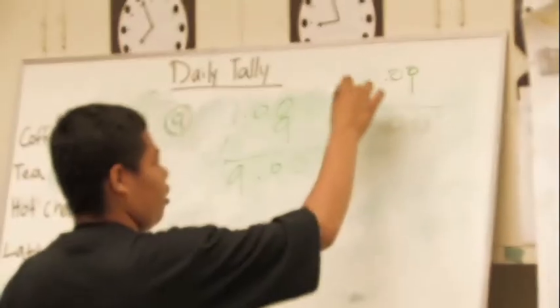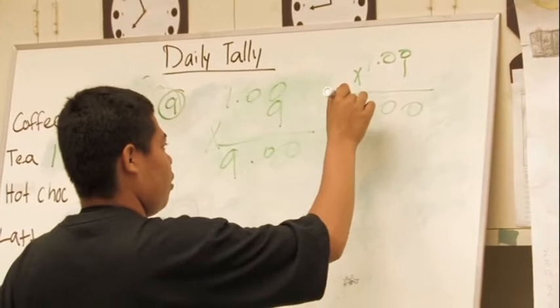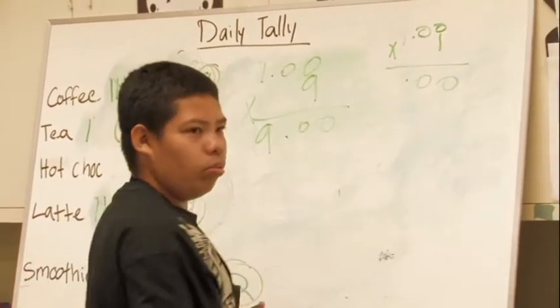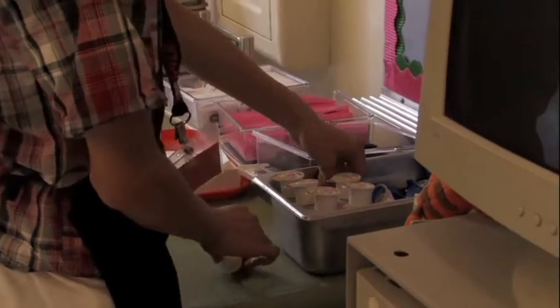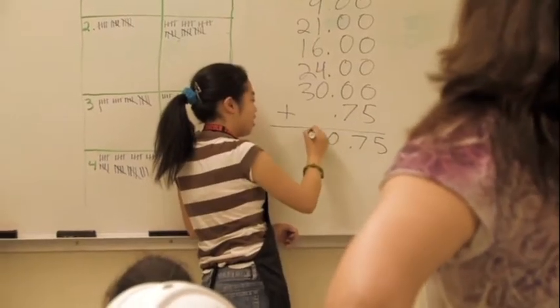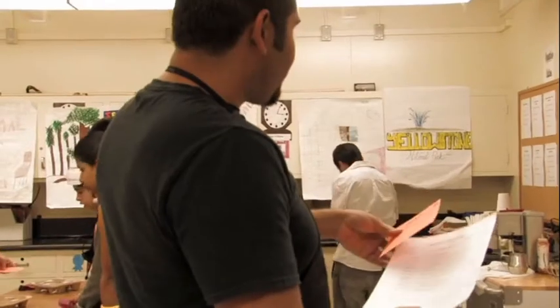1 times 1. 1. After we're completed, we hand it to the girls and they stack them. And then they just stack them up. So at the end of the day, we tally them up. So the order.